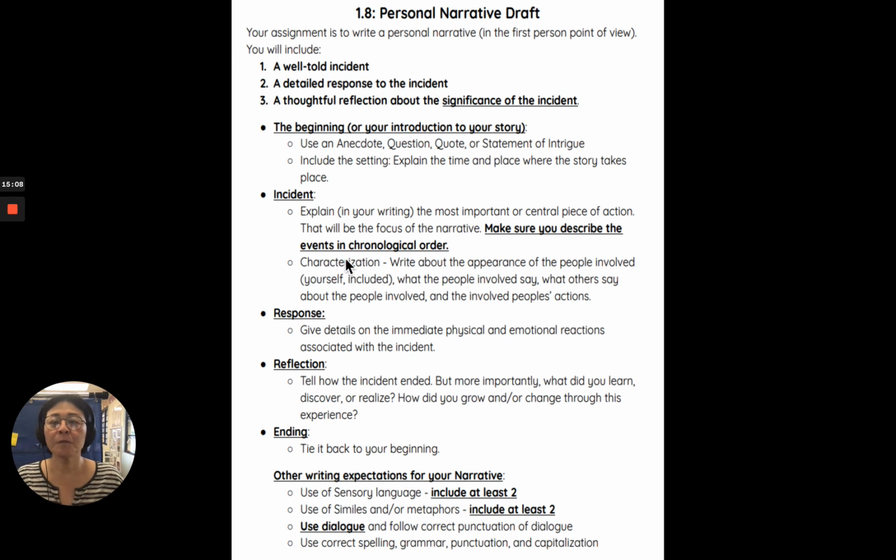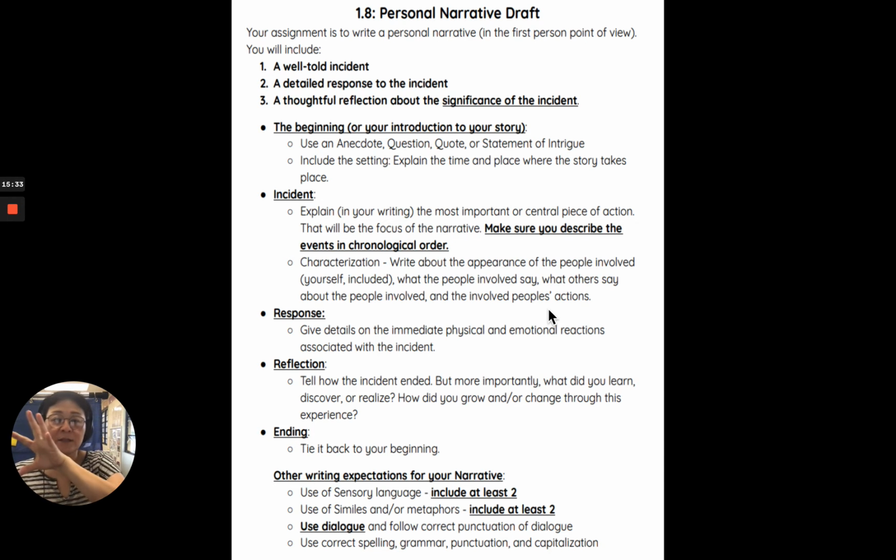Okay? In the incident, you're going to also want to include characterization, where you will write about the appearance of the people involved, yourself included, what the people involved were saying, what others were saying about the people involved, and the involved people's action. So do you remember the quadrant?